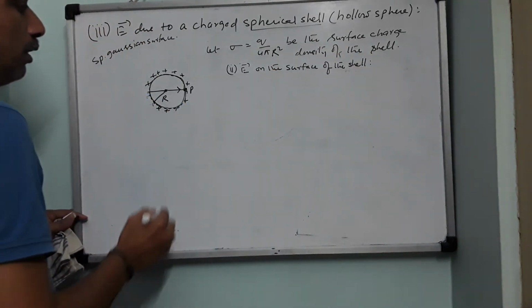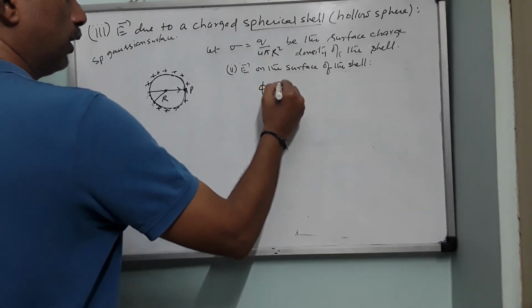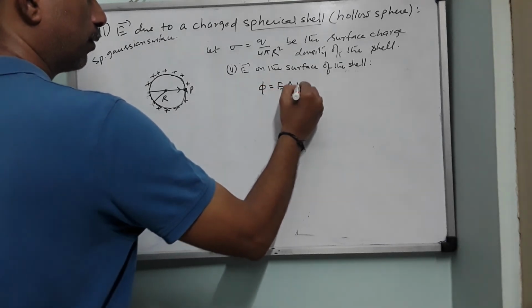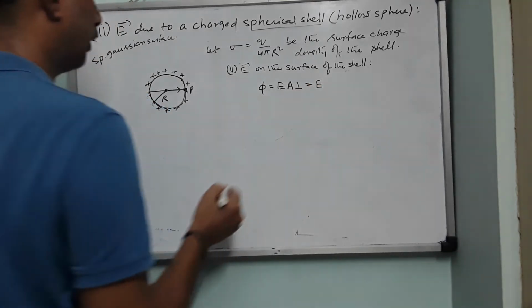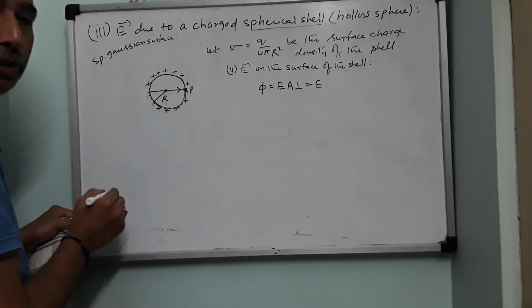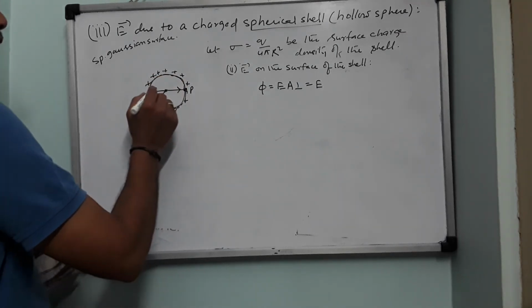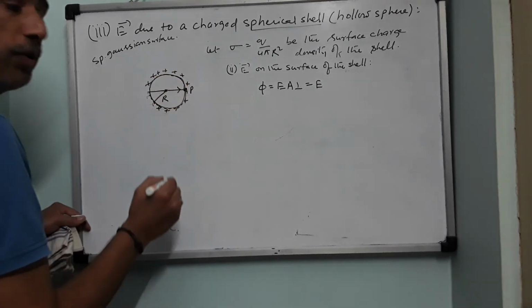Now as it is, flux phi equals E into A perpendicular, the area of the Gaussian surface through which flux is passing. Now the Gaussian surface will coincide with the surface of the sphere.